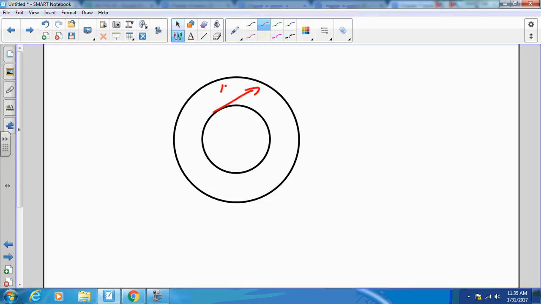One of them is a 35 Newton force. One of them is a 28 Newton force. One of them is an 18 Newton force. And they give the radii of these wheels as 28 centimeters for the large one, and 12 centimeters for the small one.